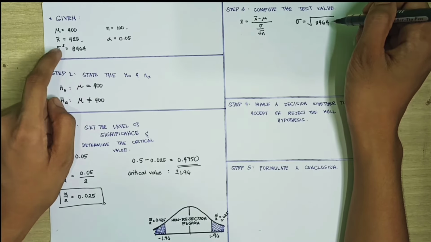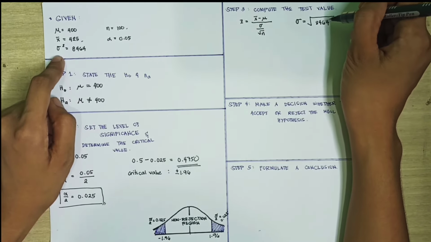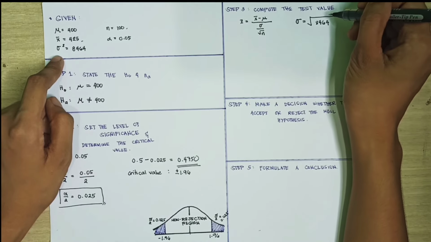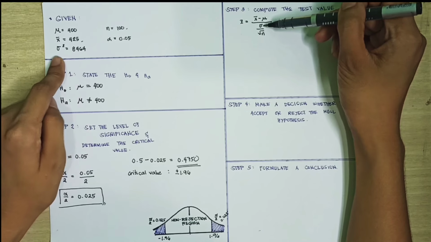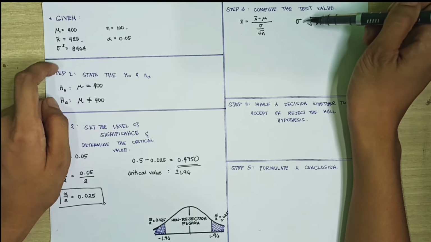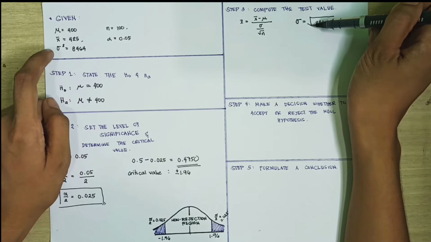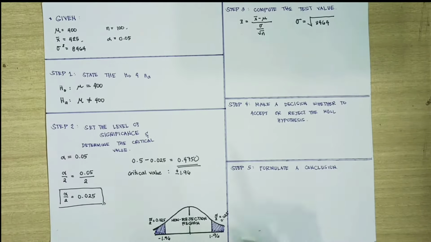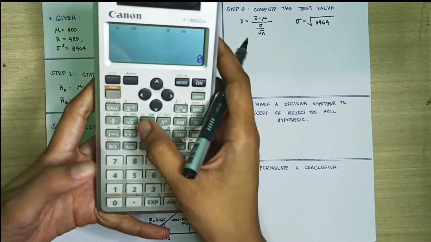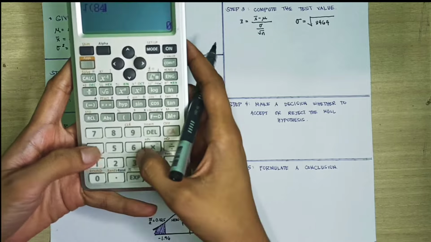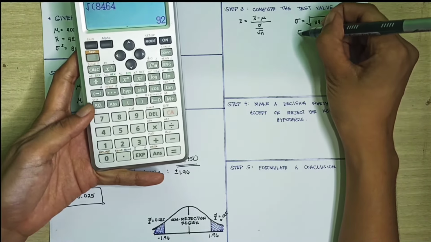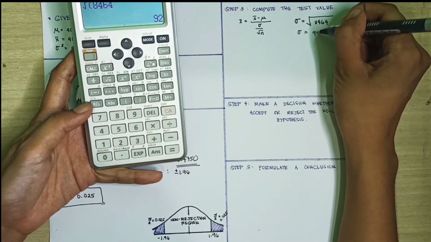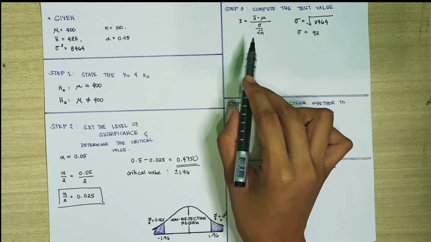Okay, pero kung standard deviation na ang given dito, ibig sabihin, hindi mo na kailangan pang kunin yung square root. Pwede na tayo mag-direct. Since wala po tayong given of SD, so kukunin muna natin yung square root ni variance. Okay? So next, so square root of 8464 is equal to 92. Okay, so our sigma is equal to 92.